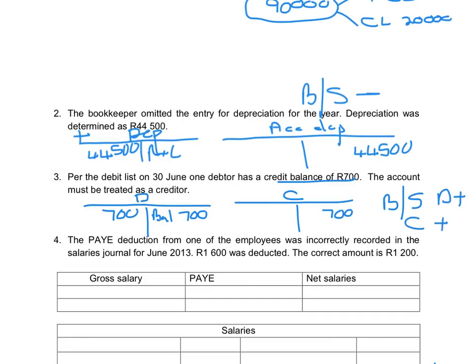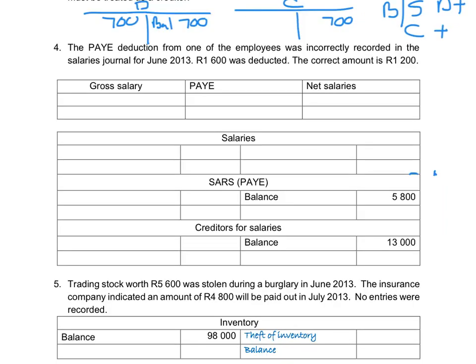The pay-as-you-earn deduction from one of the employees was incorrectly recorded in the salaries journal. 1,600 was deducted. The correct amount is supposed to be 1,200. So, for instance, this person earned 10,000 Rand, and we deducted 1,600.